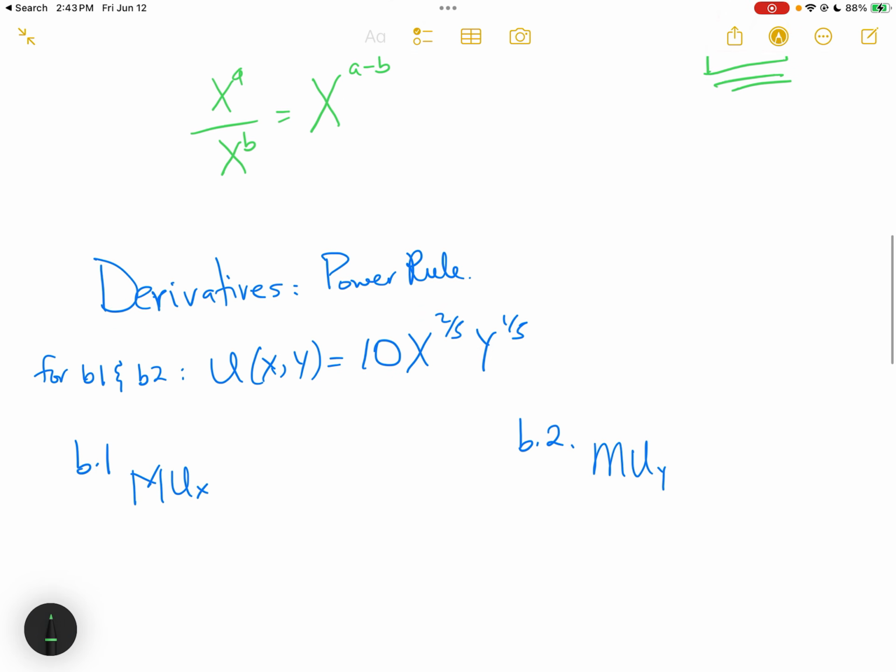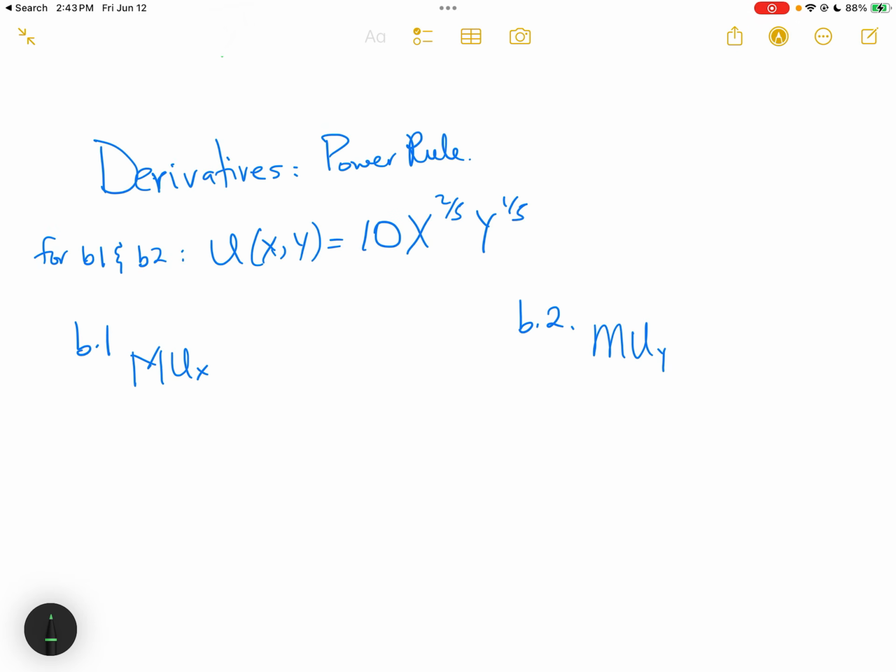Let's move on. Derivatives. We are using power rule. And what do I mean by power rule?